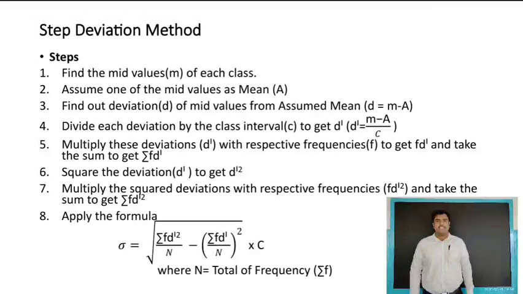Later we square the deviations, that is d dash whole square. Now we multiply d dash square with the frequencies and take the total, where we get sigma f d dash square. Later we apply the formula: standard deviation is equal to whole root of sigma f d dash square divided by n minus sigma f d dash by n whole square, into c.